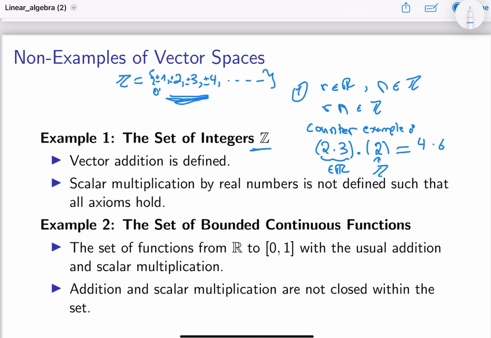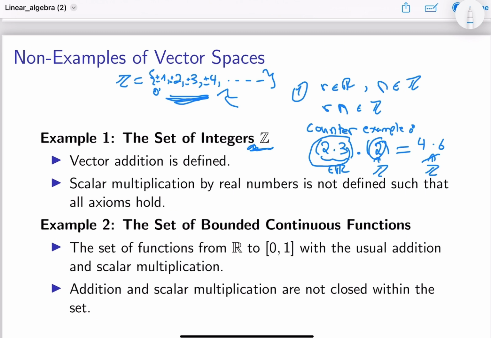Now, 4.6 is not an integer in this set. So since we just multiplied a real number by an integer, and we got something that is not an integer, thus we don't have closure under scalar multiplication, and thus this cannot be a vector space over R. So Z is not a vector space over R.